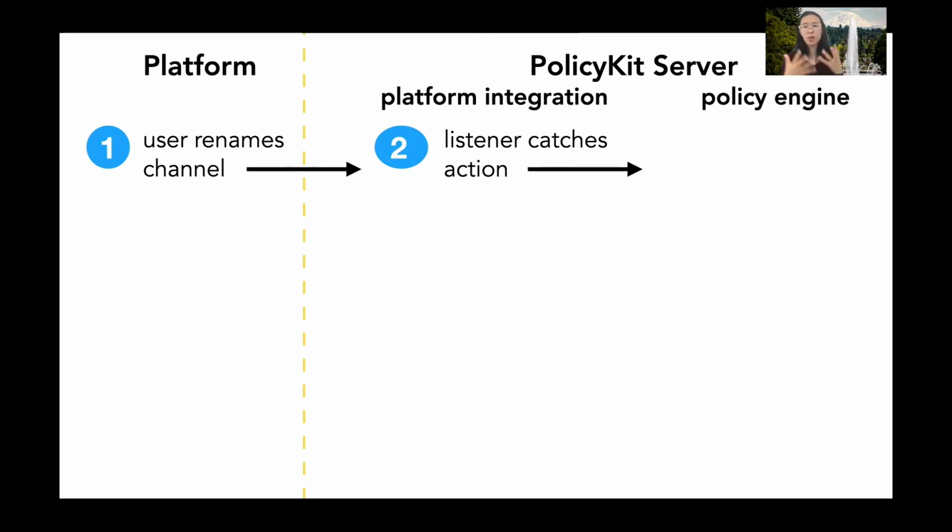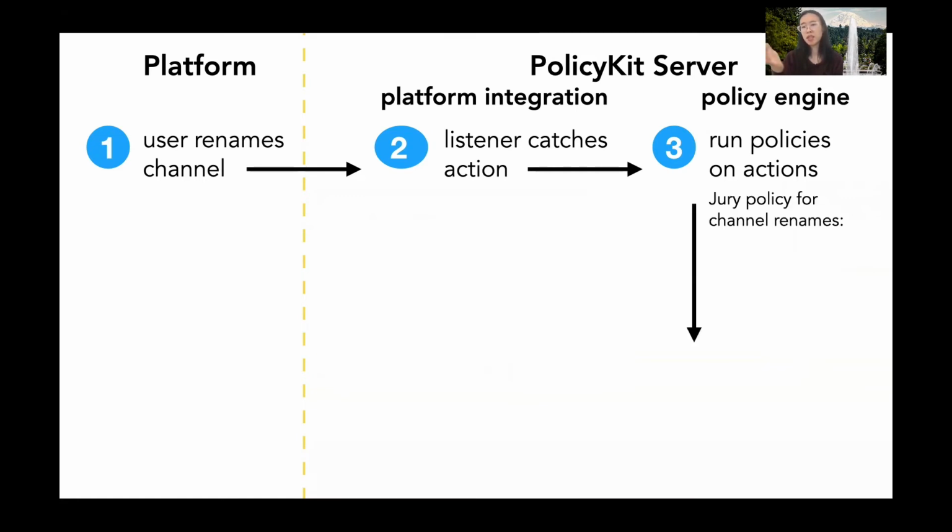So in this case, we have a listener that's listening to channel renames happening on Slack via Slack's API, and then we're catching those actions as they're happening and running them through what we call our policy engine. This is where those policies that we have written are continually checking actions that are happening. In this case, say there's that jury policy for channel renames, and we're now executing those code blocks that we had written in the policy.